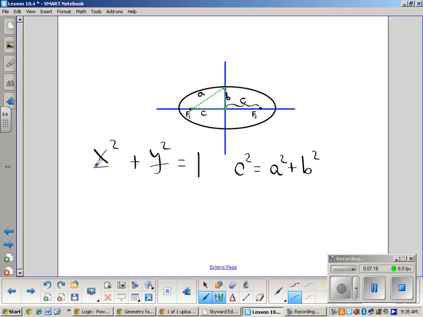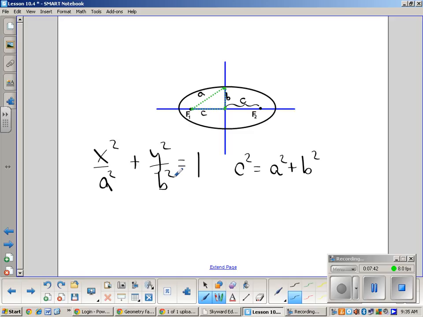Okay, is this horizontal or vertical? Yeah, since the x-axis is longer, the major axis is horizontal, the x value is bigger, the A squared would go under the x. And so the B squared would go here. So this is the model we would be looking at.